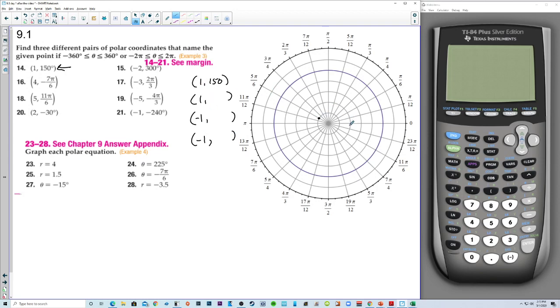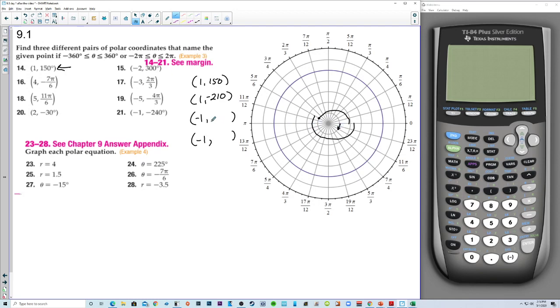Now we went 150 degrees to get to this point. If I go the other way, it's 180 plus another 30, so negative 210. That'll get us to the same point. Well, how about negative 1 over here? How can we get to that? We can get there 2 different ways.